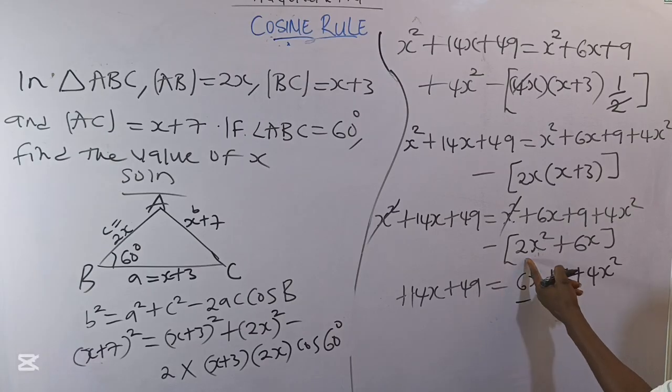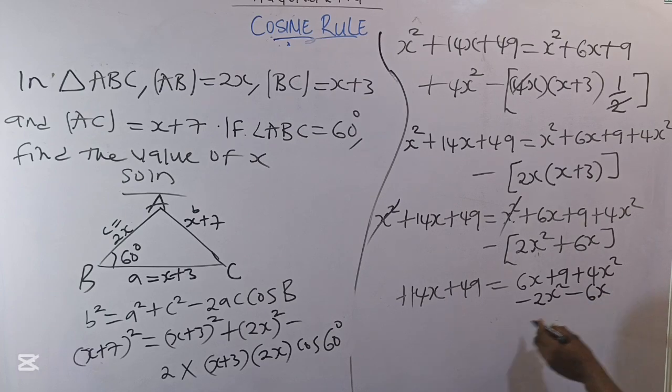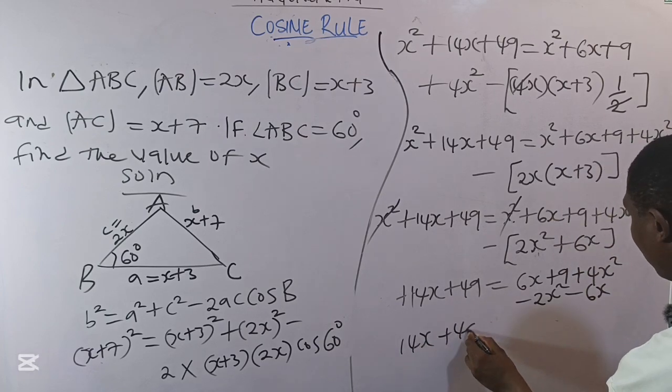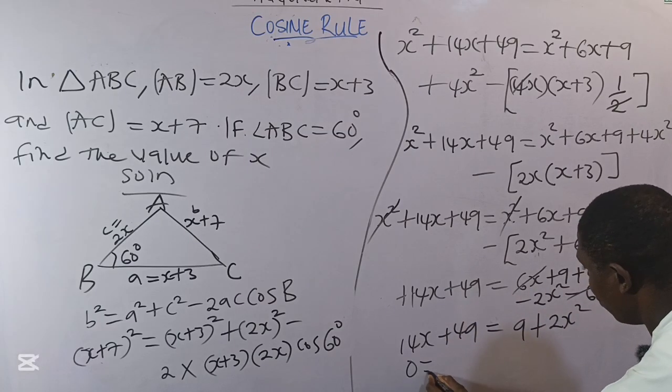This will give me minus 2s squared, because minus plus is minus. Minus plus again minus 6s. Then I'll have 14s plus 49 equal to 6s can cancel 6s, and 9 plus 4s squared minus 2s squared will give me plus 2s squared. So I can just move everything to this side and I'll have a quadratic equation.